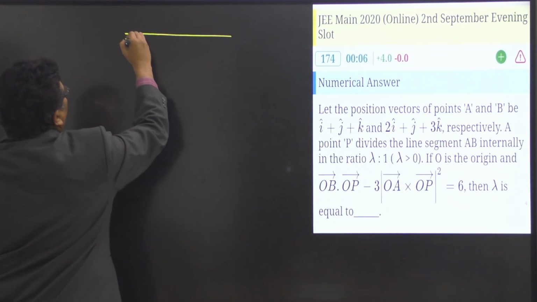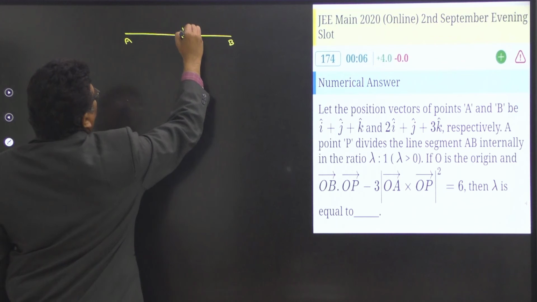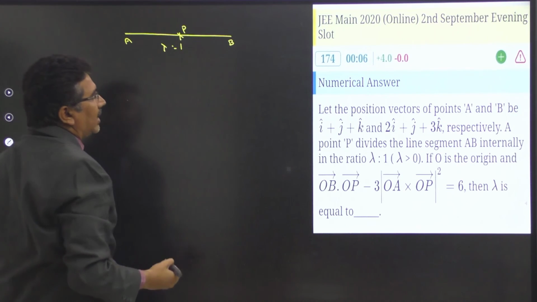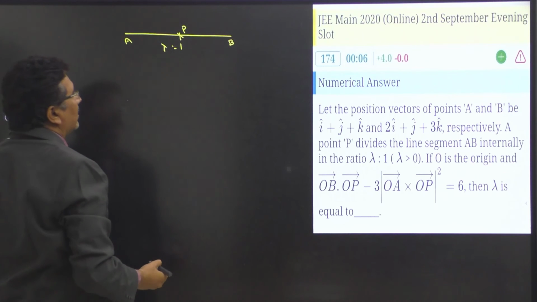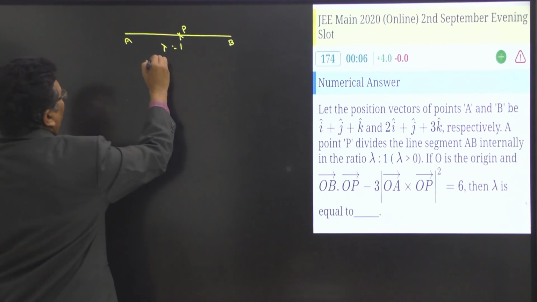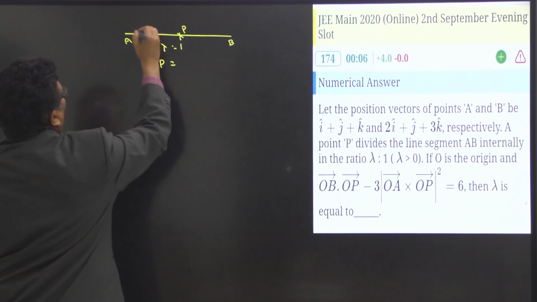Right, this is point A and this is point B, and this is point P. P divides AB in the ratio lambda is to 1, lambda greater than 0.